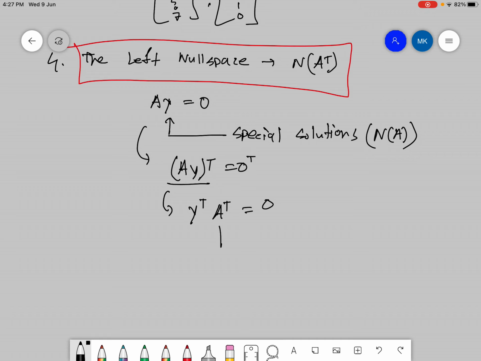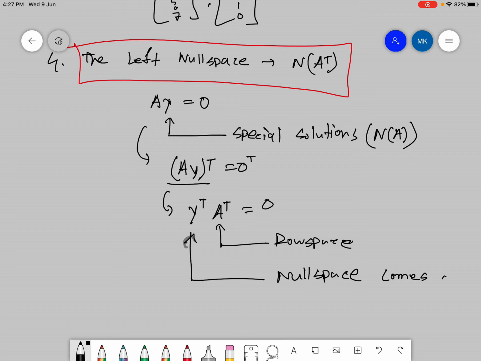So as you can see, this is the row space, and this particular thing here has come to left, so the null space comes to left. So that's why this is known as the left null space. So left null space is basically the null space of the row space.